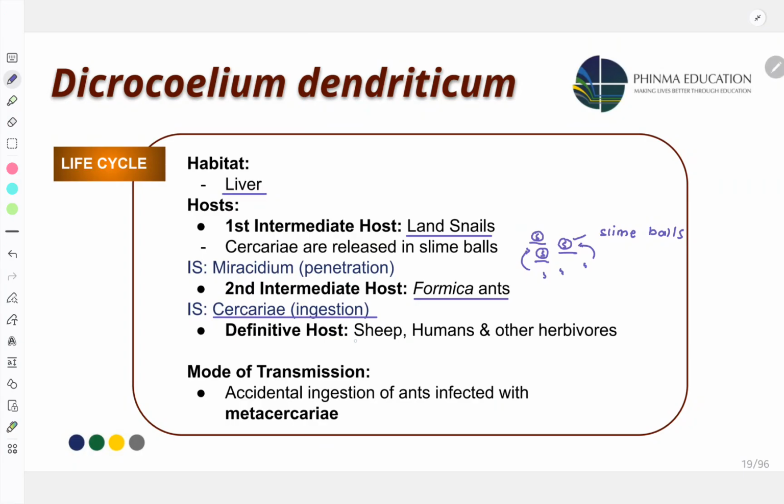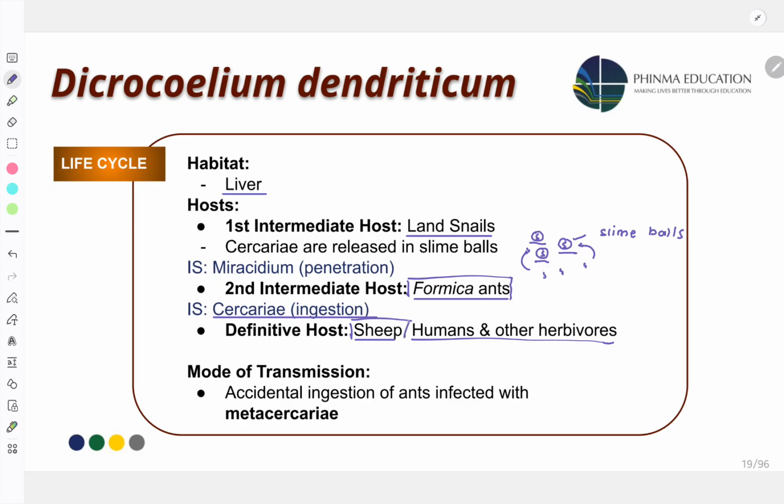So the definitive host becomes infected when they accidentally eat the Formica ants, no? That is why humans are only more incidental host. Ma-infect lang ang humans if we accidentally eat the ants, no? For example, nagkauntog food, tapos wala ta ka-notice. And if those ants get infected with the Cercaria, dira pa ta ma-infect.